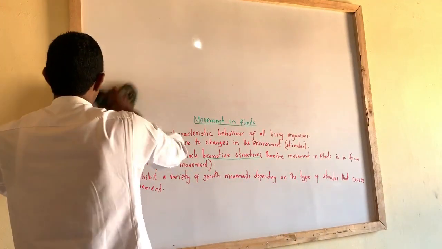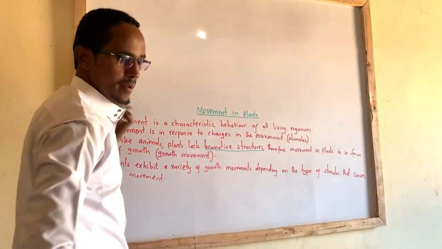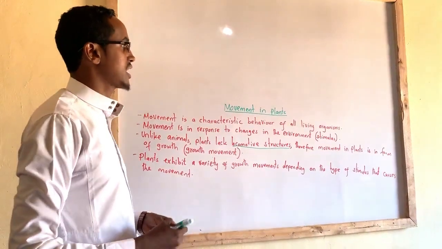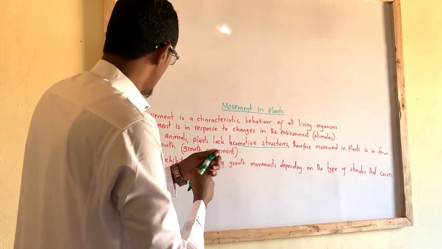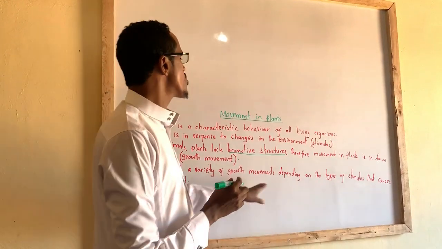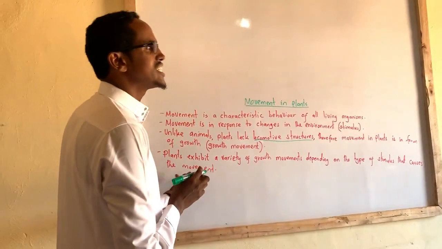Although that is covered in depth in reception, response, and coordination, for understanding this topic and having in mind that most of you probably have not covered that topic, let me take you through that. A plant exhibits a variety of growth movements depending on the type of stimulus that causes the movement.